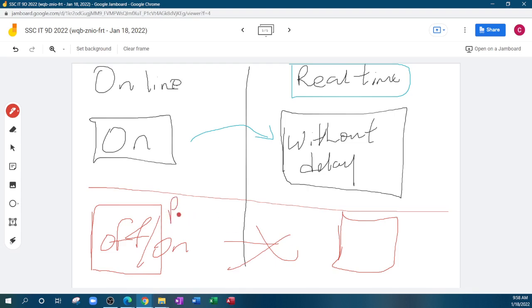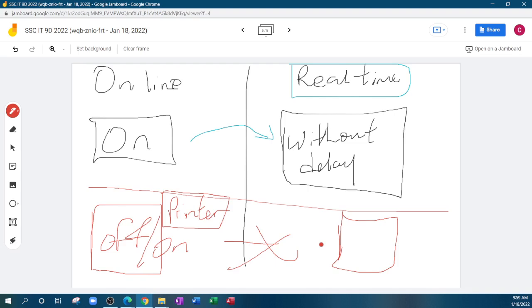For example, your printer. Your printer works differently depending on what you're going to send to print. But the fact that your printer is on does not mean it is real time. So yes, there might be some delay, and in some cases it might print right away.